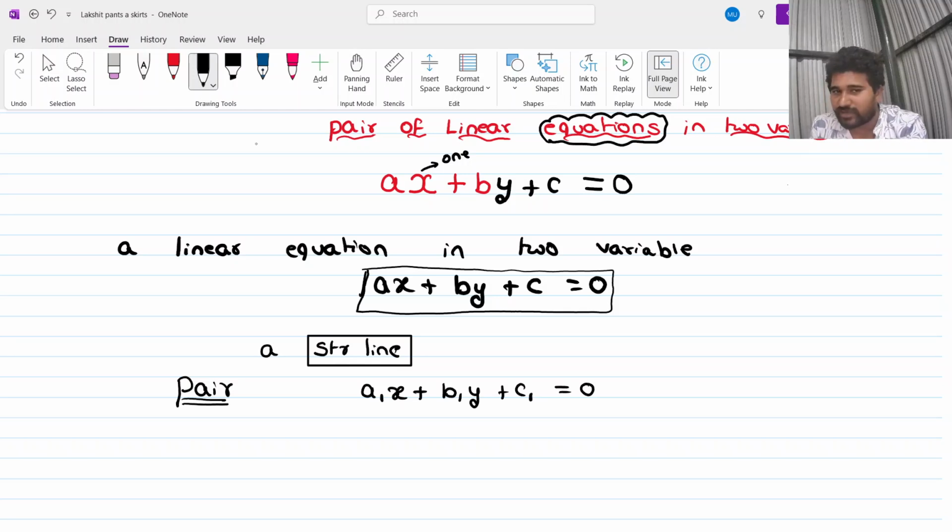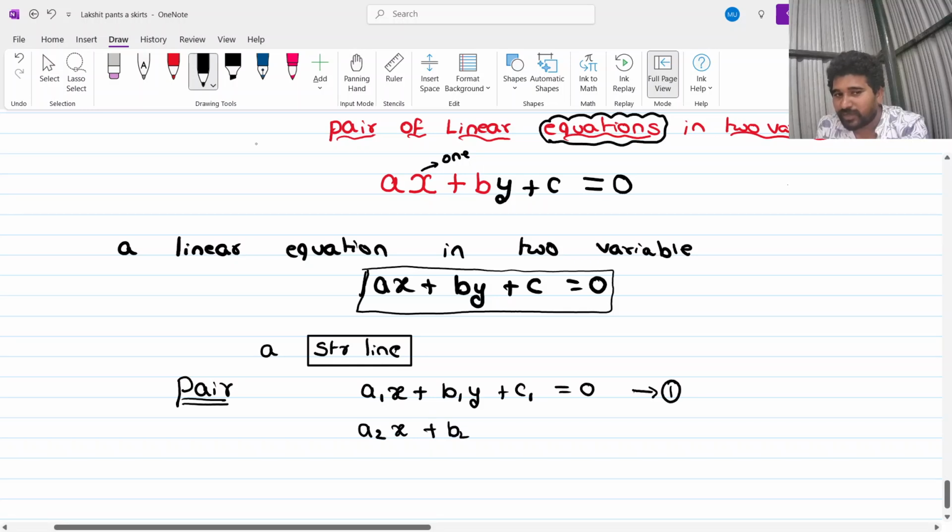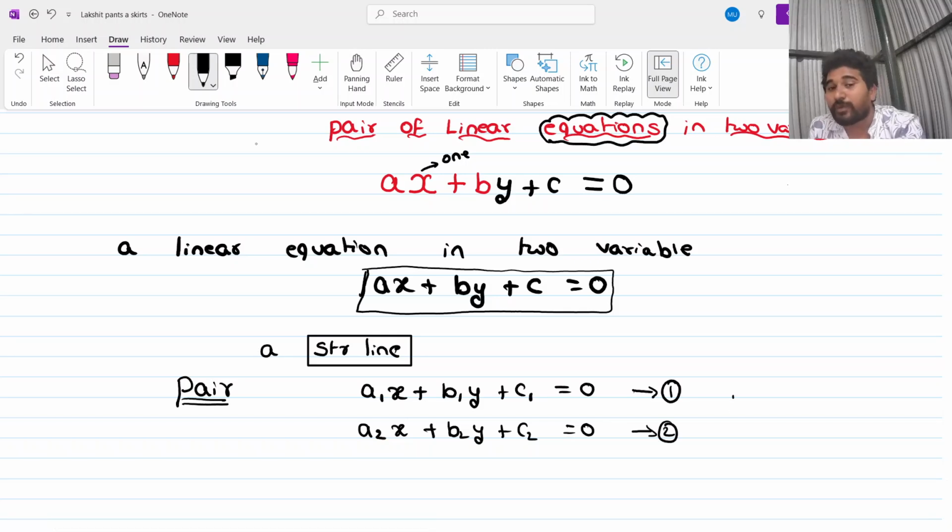That is one equation. Correct? Second equation, a2x plus b2y plus c2 equal to 0. This is the general representation of a pair of linear equations.